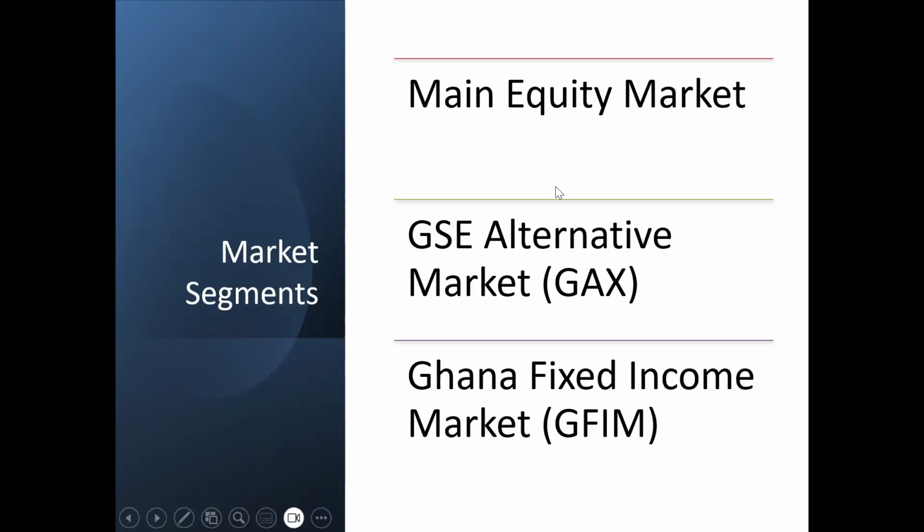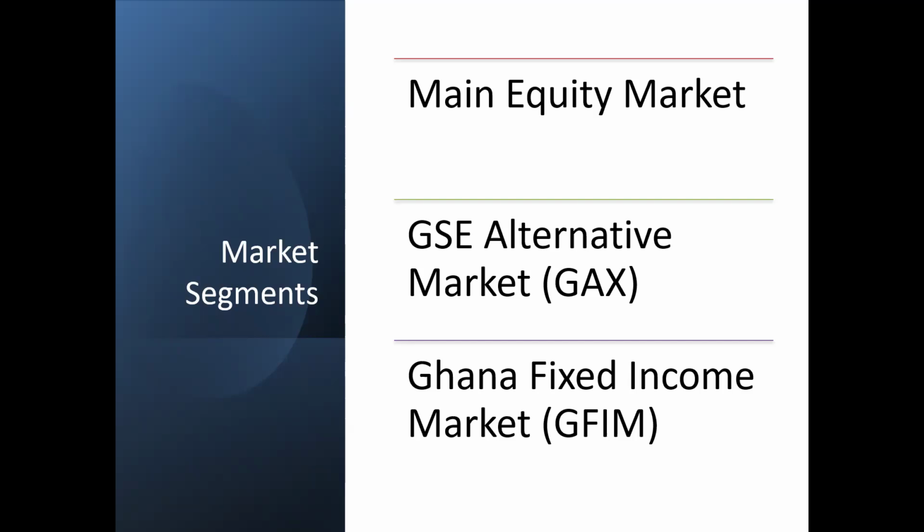Now, we want to look at market segmentation. We have the main equity market. Then we also have the alternative market, the Ghana Stock Exchange Alternative Market.